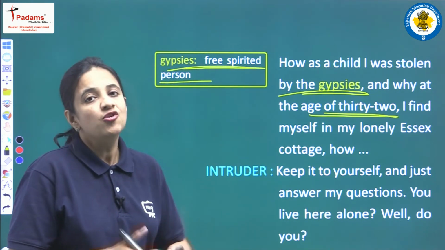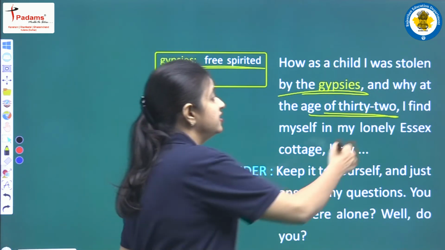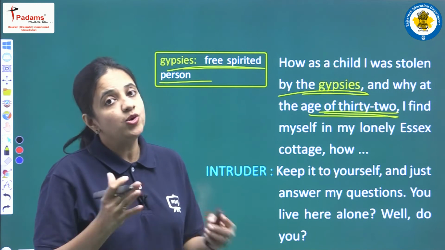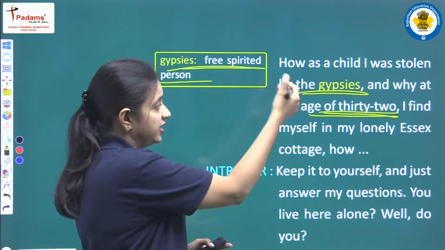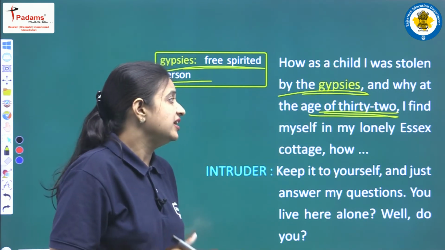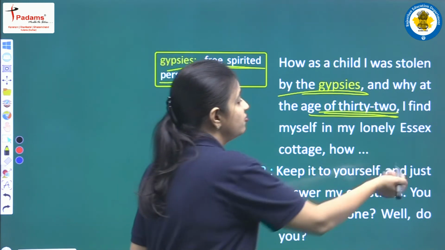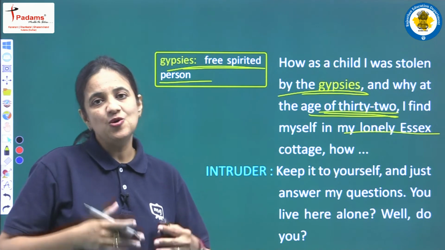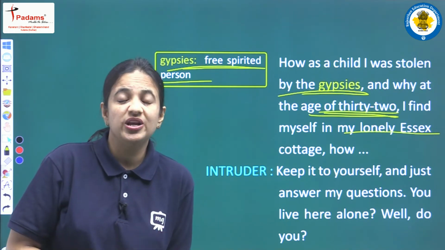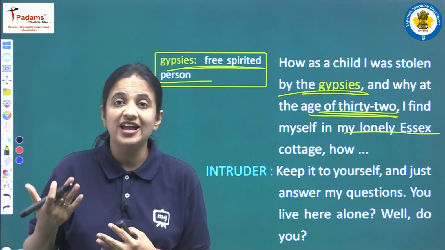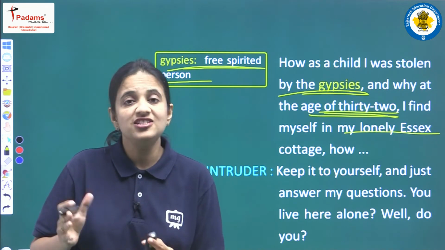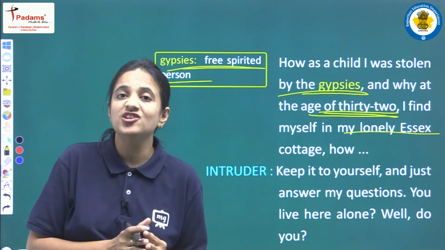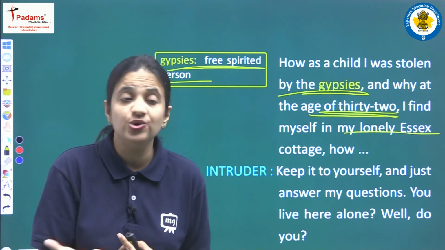So we can see Gerald's age is 32 as of now. He says he will tell the reason why, at 32, he is living in this lonely cottage in Essex. But actually he will not tell the story; he is just trying to control the situation and learn everything about that intruder.